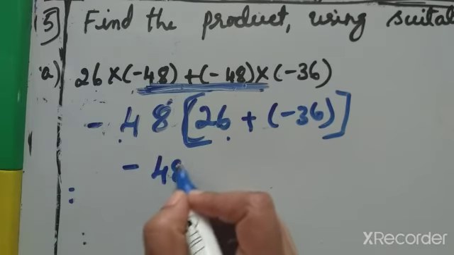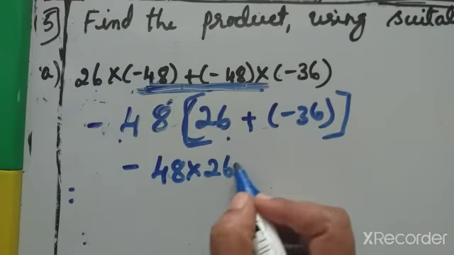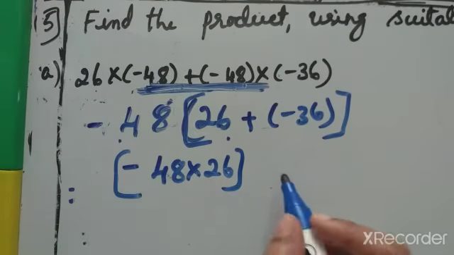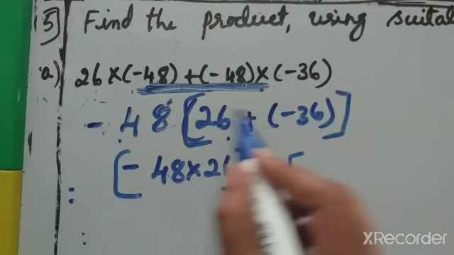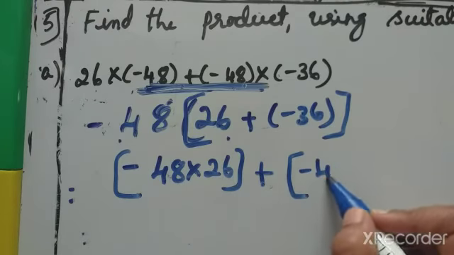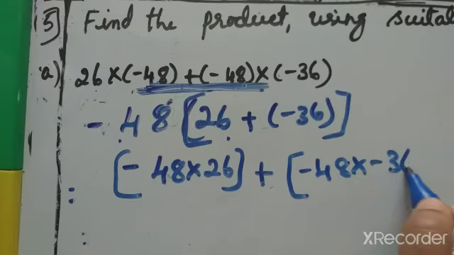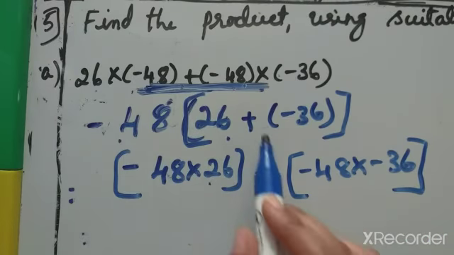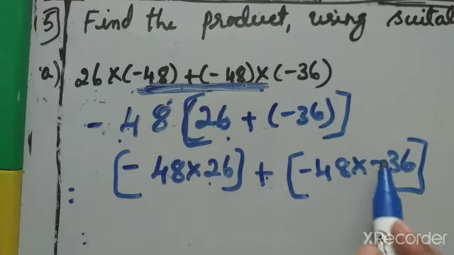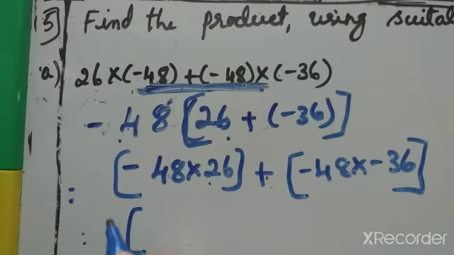Minus 48 into 26. Now here plus symbol, the same symbol. Then minus 48 with minus 36. Okay, minus 48 into 26 plus symbol, minus 48 with minus 36. 48 into 26 after multiplication, answer is 1248.